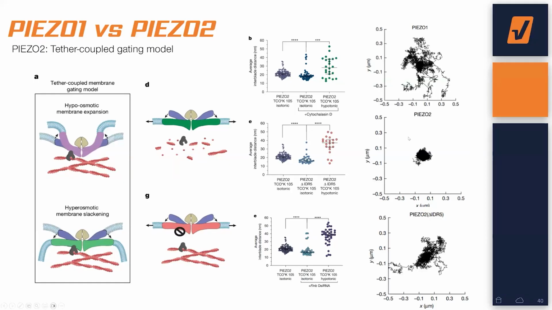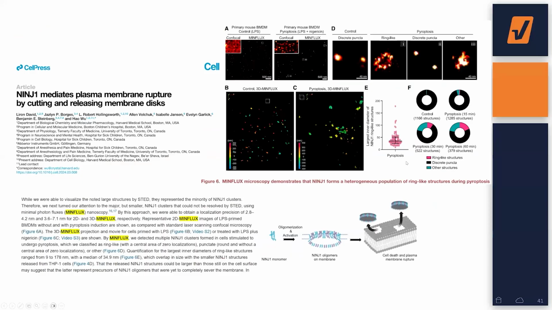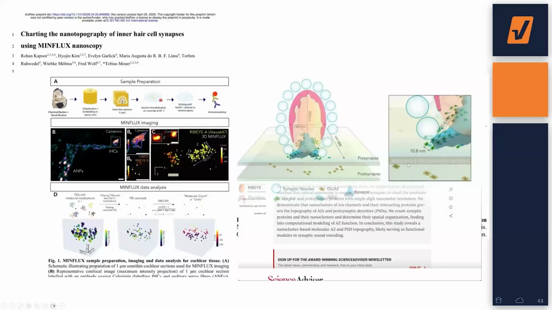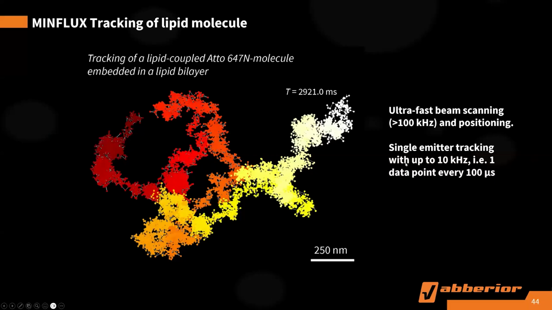So then there are several other papers. Because of the time, I'm going to skip. Then we try to see another important function of MINFLUX, which is tracking. Okay, we say MINFLUX has two functionalities. One is called imaging, one is called tracking.